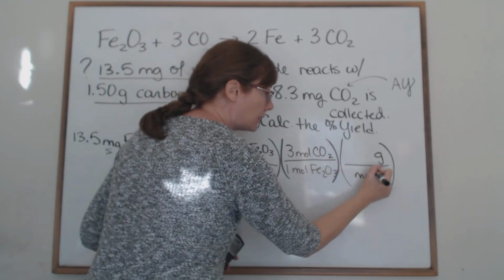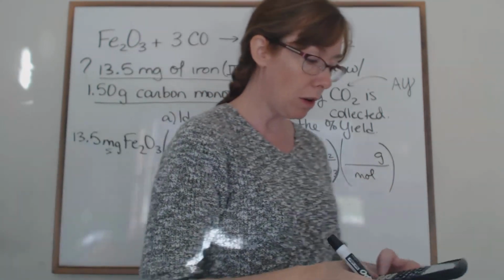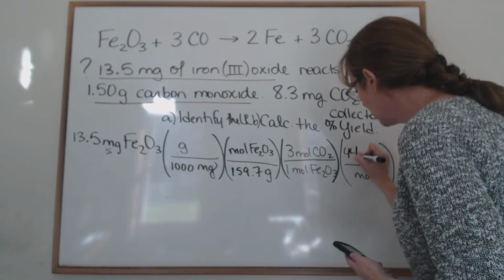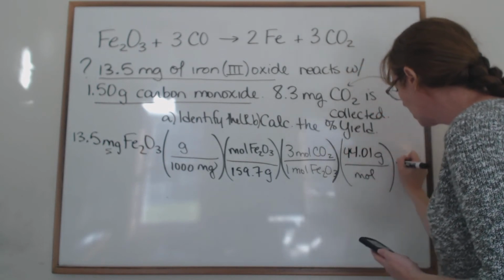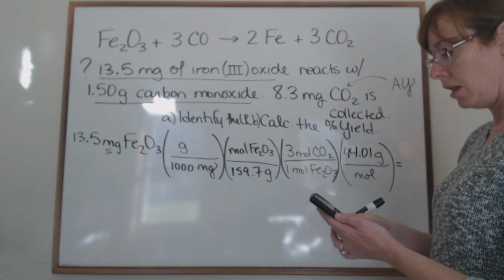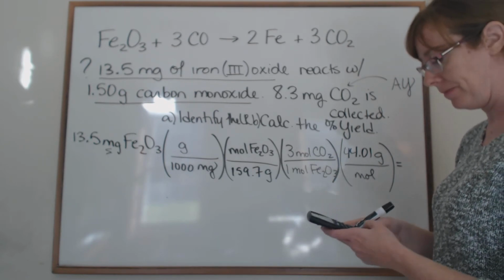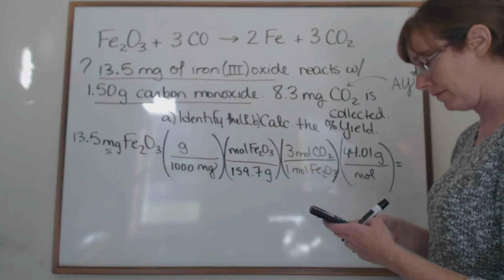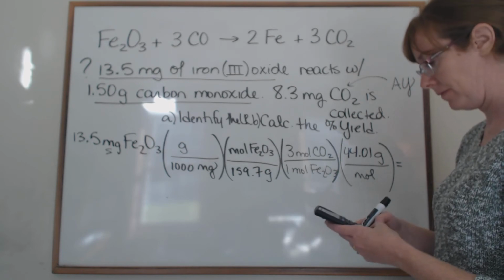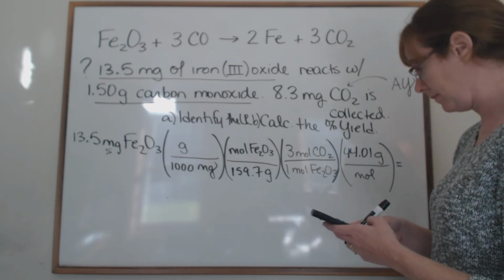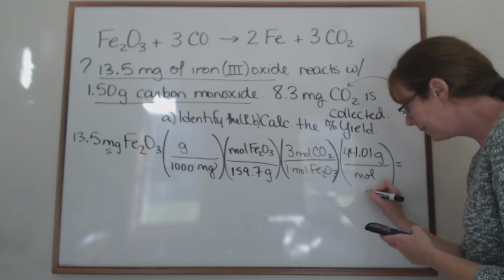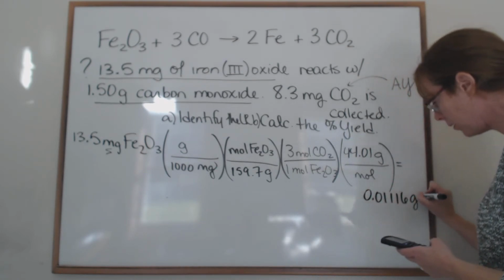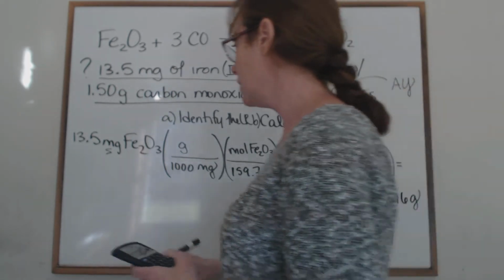We need the molar mass of CO2, 12.01 plus 32, 44.01. So let's go ahead and get that number. I'm not going to worry about sig figs yet. So that's the number there.